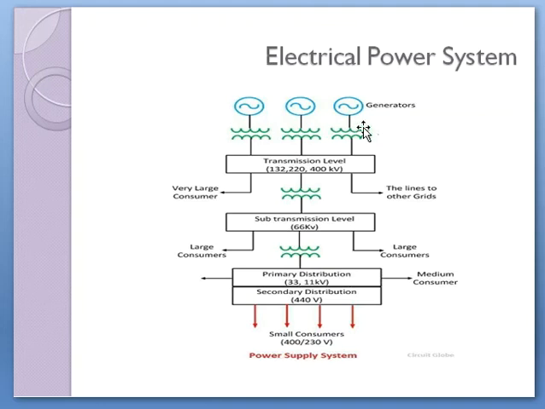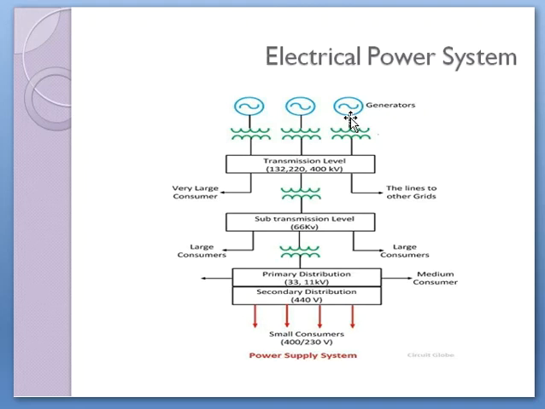Hence, these are the generators which are generating voltage in a thermal power plant. For the three phases, these are the three terminals which are connected to three generator transformers, phase RYB or ABC, whatever is the nomenclature. These are the three phases.